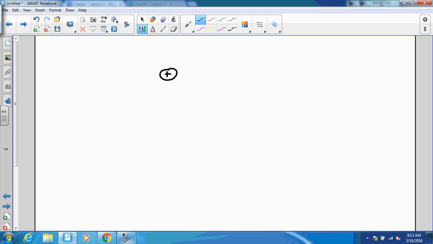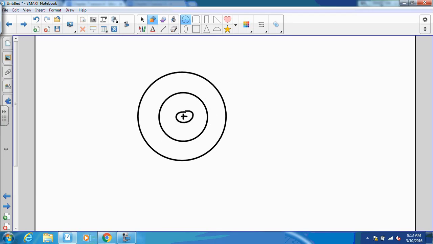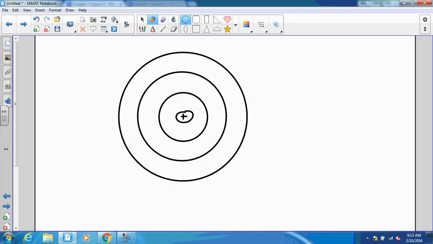All right. So here's what I want to show you. If I were to take a point charge and draw equal potential lines around that point charge, the first thing I would notice is that the potential is going to drop off as I go out.